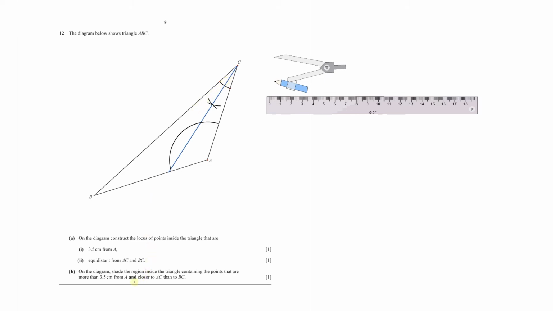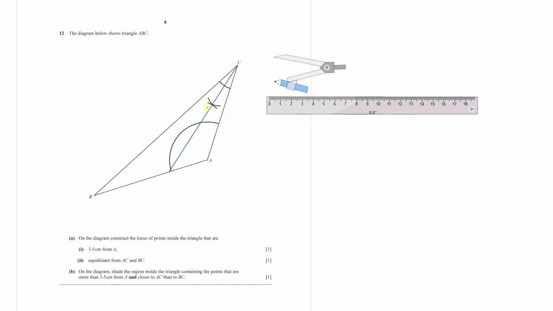The second condition is the points are closer to AC than to BC. That means all the points towards the right side of this angle bisector of BCA would be closer to the line AC compared to line BC.